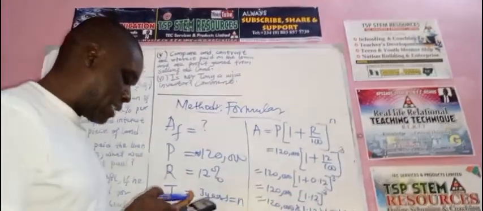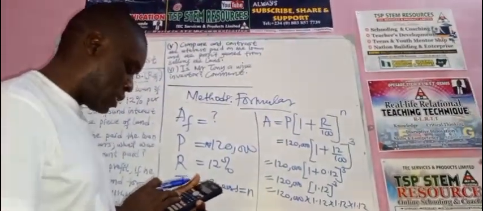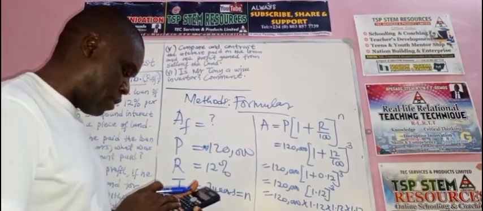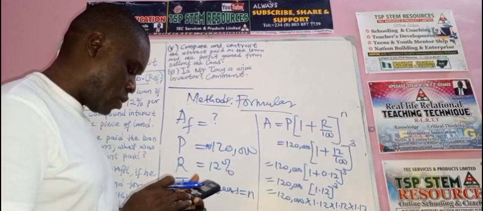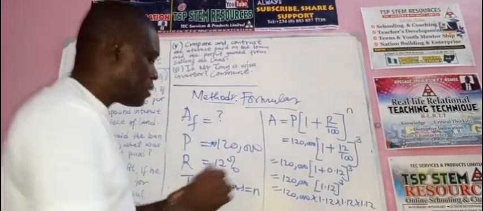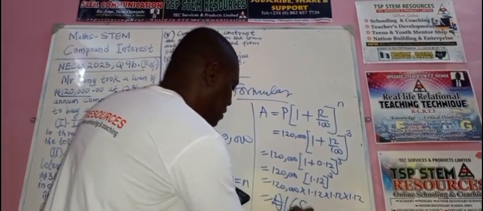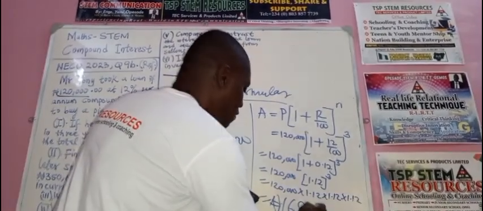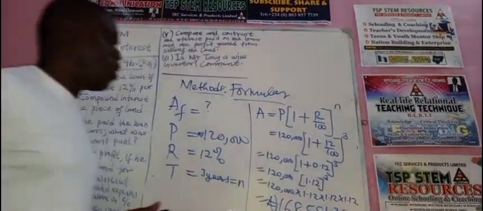Okay, let's calculate that as we round up. 120,000 times 1.12 times 1.12 times 1.12. Yes, we got 168,591.36 kobo.